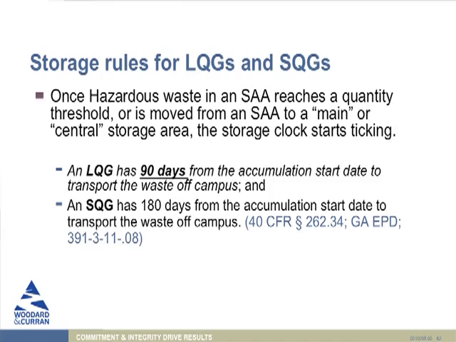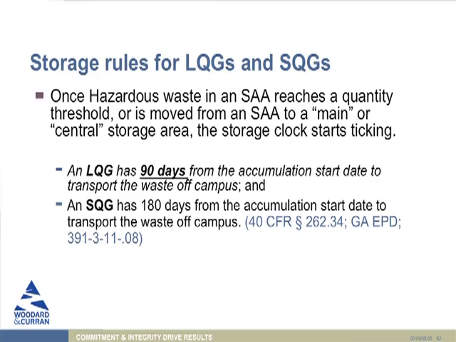The key things to know are that a large quantity generator has 90 days to move it once it's in that main area. A small quantity generator has 180 days to move it off-site. I keep focusing on those two time frames because that's what the requirements call for, and it's very important that you be able to show that.